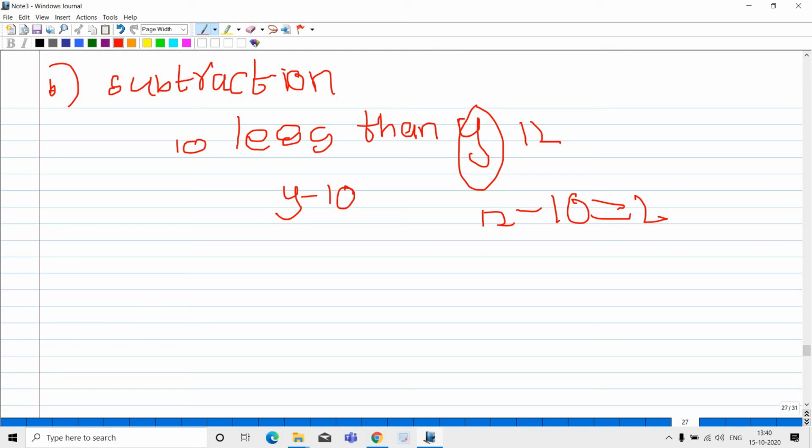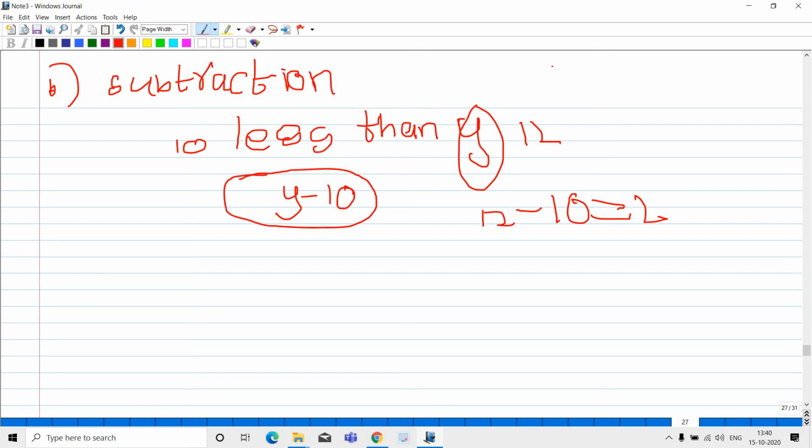So the difference means how many numbers 12 is greater than 10, two numbers, we will say like that. 10 less than y means y minus 10, we will write like this.